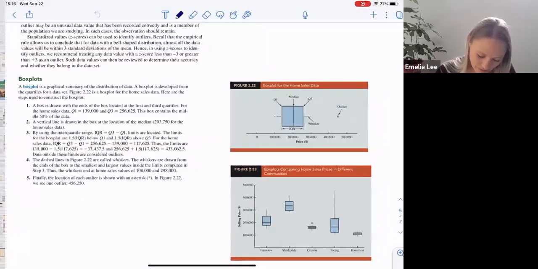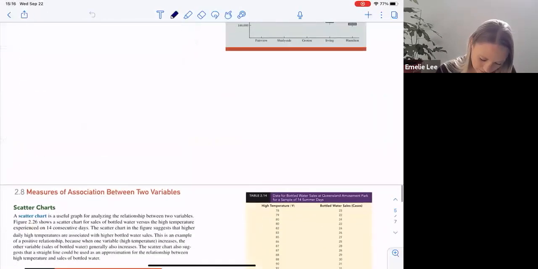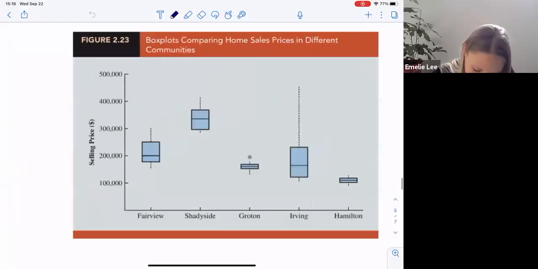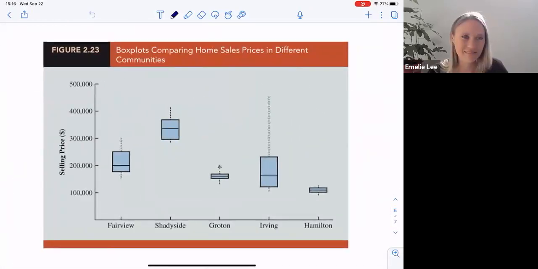All right. So, this caught my eye, but we already talked about it, and I'm happy with what we said. In terms of outliers here, it looks like we have one outlier in Groton, whatever neighborhood or community that is, I don't know, doesn't matter.